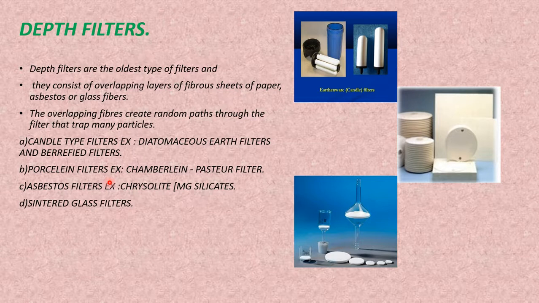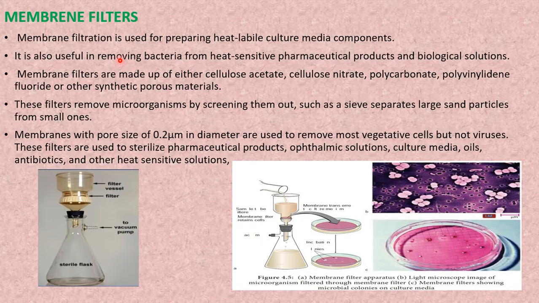Now we'll move on to the next type of filter, that is membrane filters. These are also called molecular filters or millipore filters, or sometimes ultra filters. And these are the most common type of filters for sterilization in the field of microbiology.